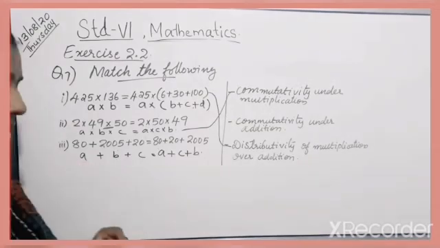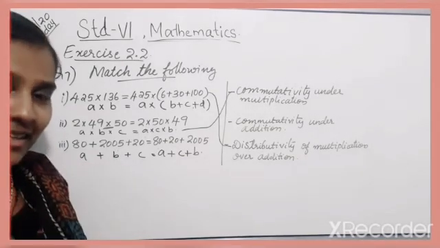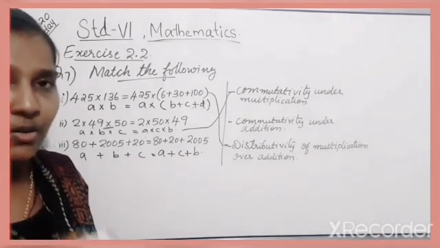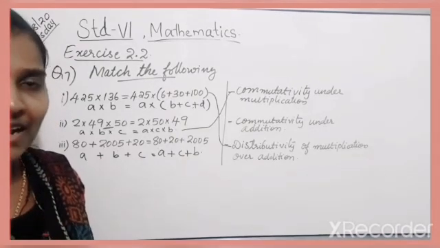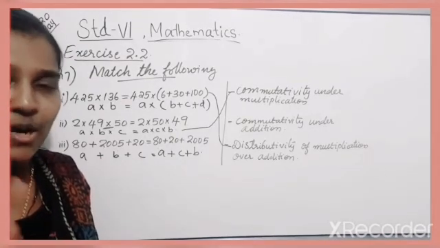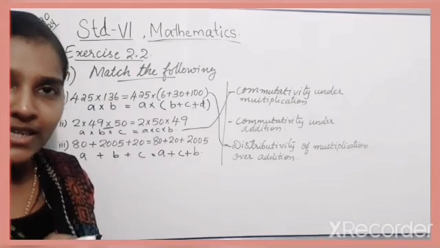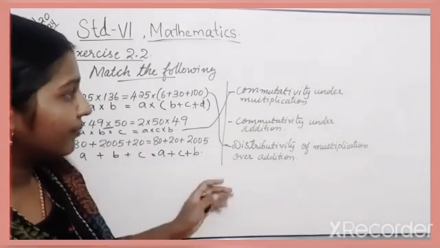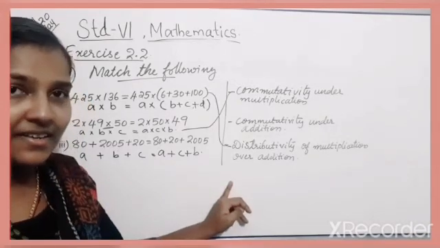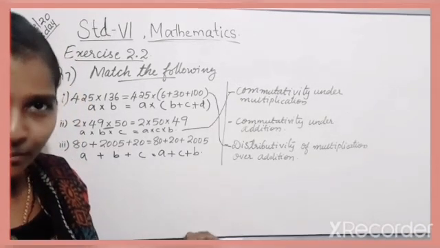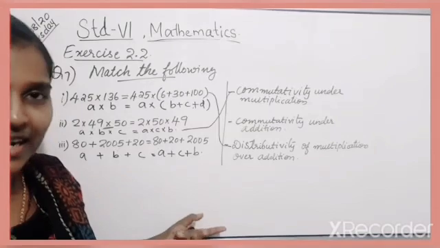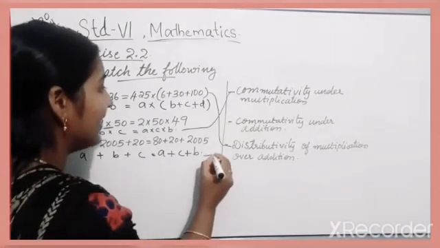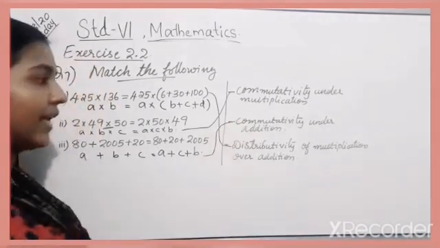The meaning of this is we can add the numbers in any order. Which property is that? Yes, commutativity under addition, isn't it? So you can match this to the second one.